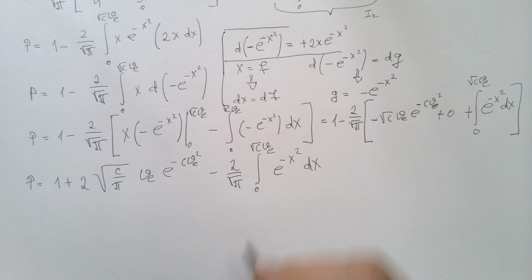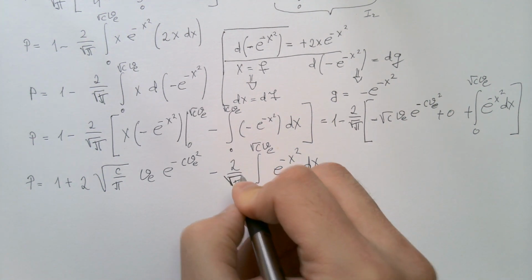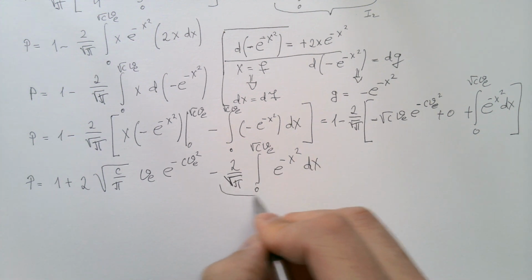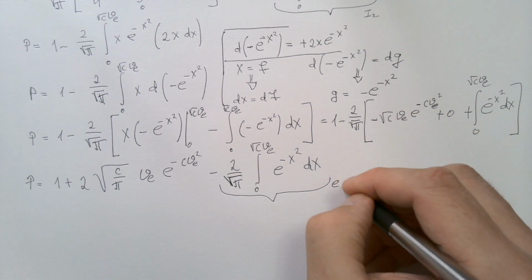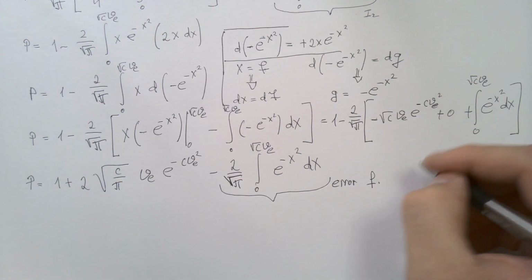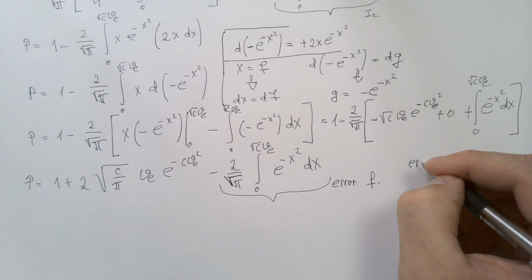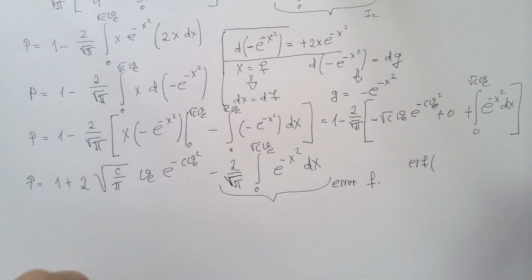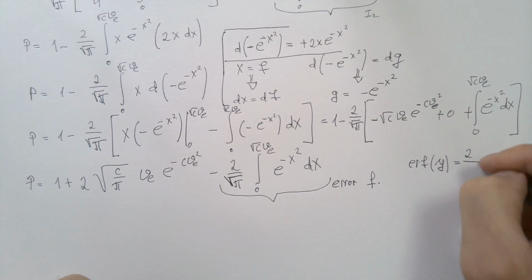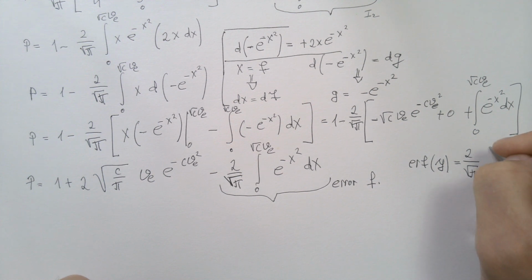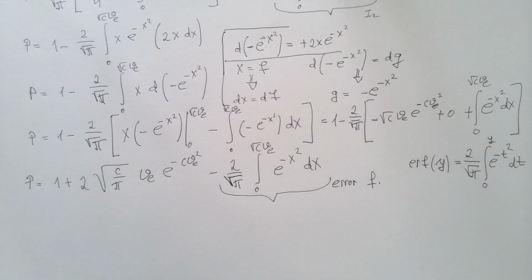And you will kindly remember from my video on the error function that this over here is the exact form of the error function. In other words, you will remember that the error function of, let's say, some variable y, okay, is equal to 2 divided by square root of pi, integral between 0 and y, e to negative t squared dt, where t is of course some dummy variable.